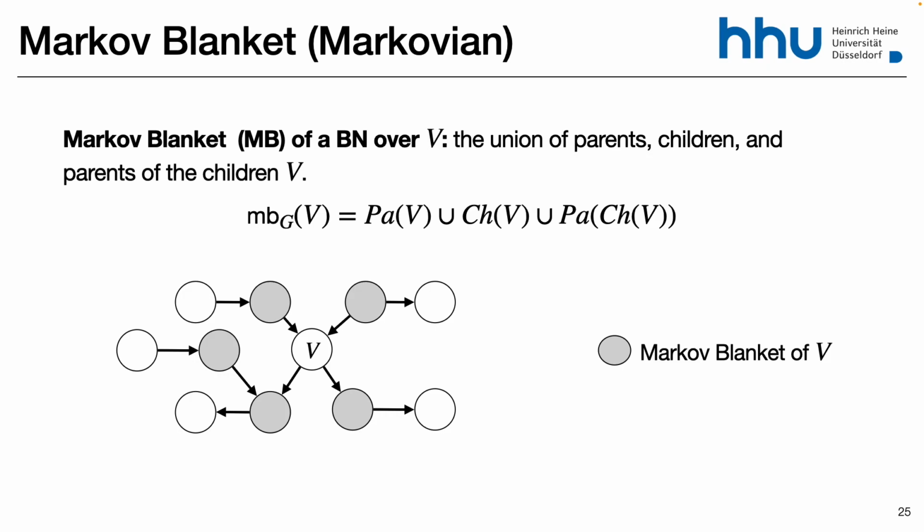But by looking at this graph, I know all variables that are going to be associated to V if I condition something. So V marginally is dependent on everything that's in gray, right? Once I condition, first I have the neighbors. These are easy, right? So neighbors are either parents or children, so they are directly connected.